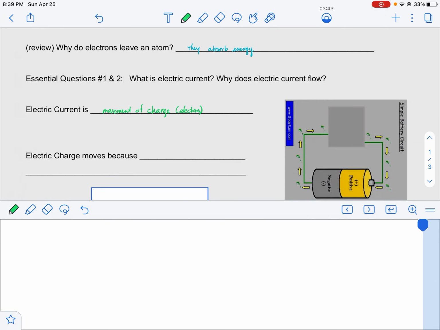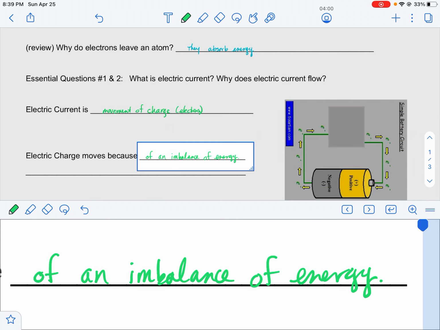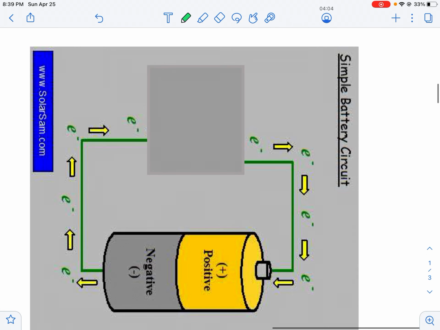And electric currents move because of an imbalance of energy, not in energy, my bad, of energy. Okay, so let's look at how that happens. So here we have a really simple diagram.